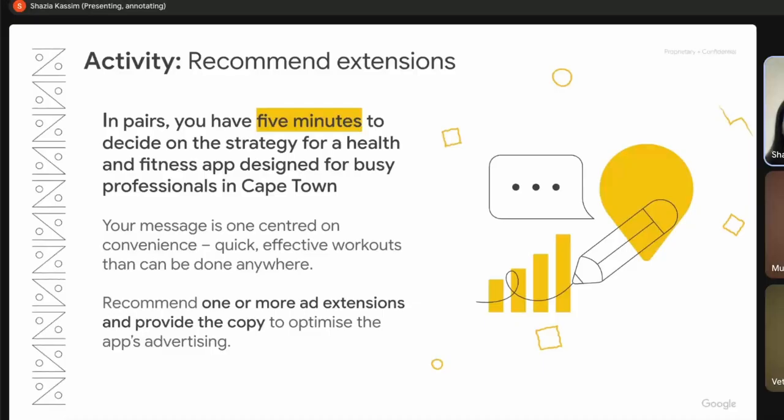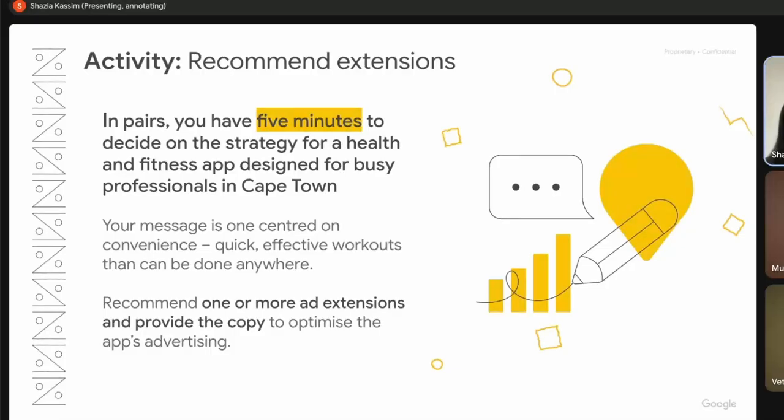So we are going to consolidate everything that you learned into a practical scenario, right? And I'm going to ask you that you work alone on this. Imagine that you have a health and fitness app that's designed for professionals in Cape Town. Your main ad message focuses on the convenience of quick, effective workouts.